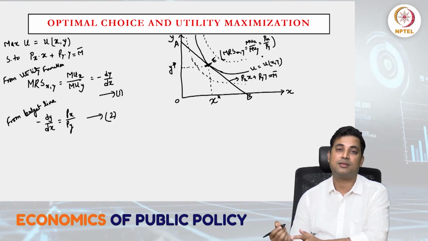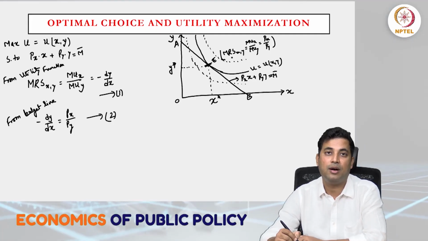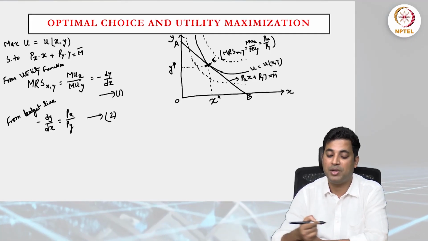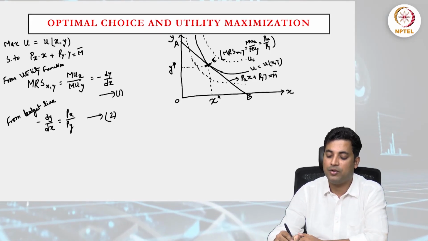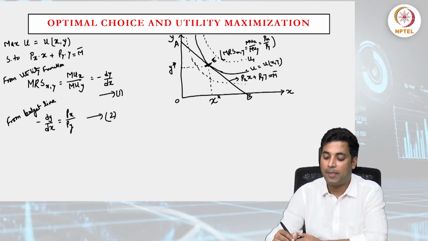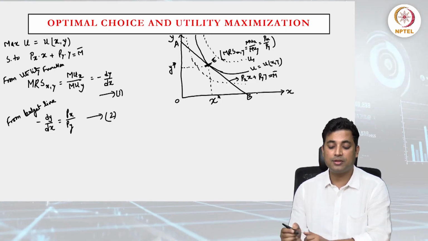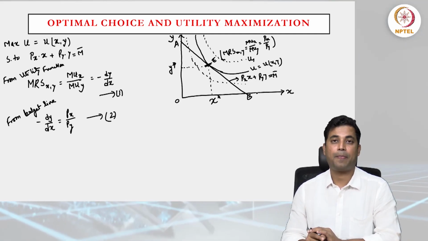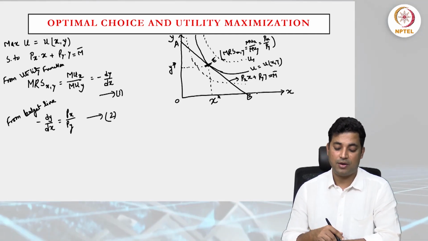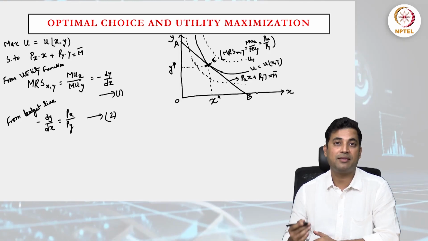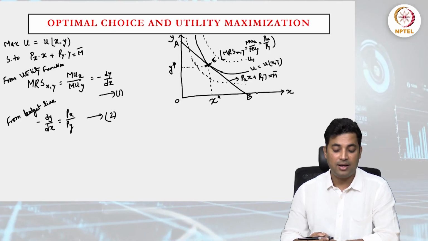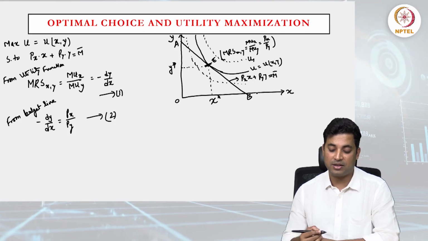But then the budget is constant, and therefore my optimization is not happening even with the higher utility curve, like say U1. So this is the mathematical expression of the optimization conditions of utility and budget.